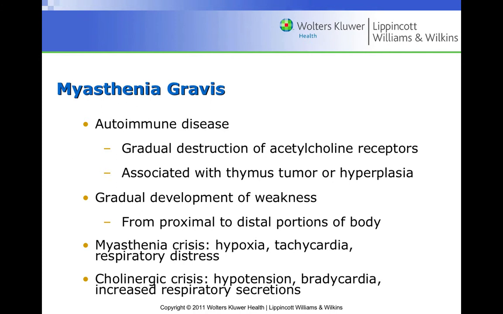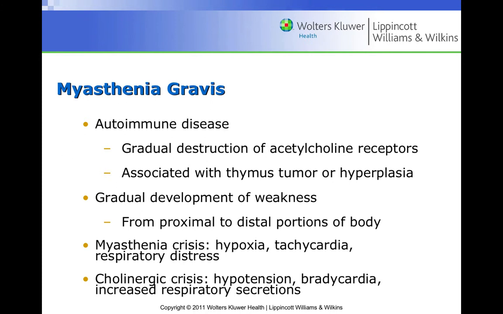In the disease Myasthenia Gravis, the neuromuscular junctions are totally destroyed. This is an autoimmune disease that gradually destroys the acetylcholine receptors and is oftentimes associated with a tumor in the thymus area.